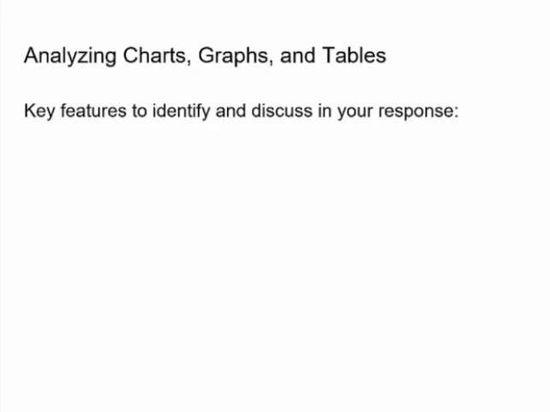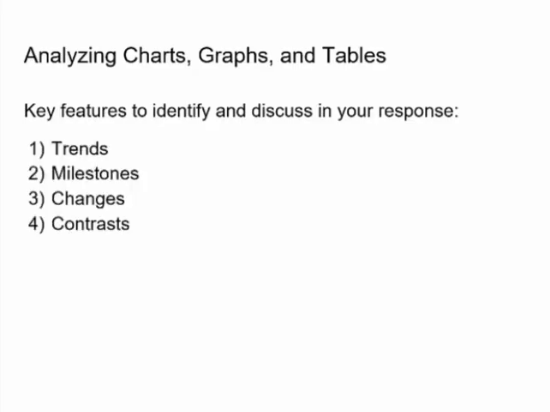So in the remainder of this lesson we're going to think about the key features, the most important information you are likely to find on these visuals and would want to pull out and discuss in your essay. We can identify 4 different features you're likely to find. They show certain trends, milestones, changes, and contrasts.